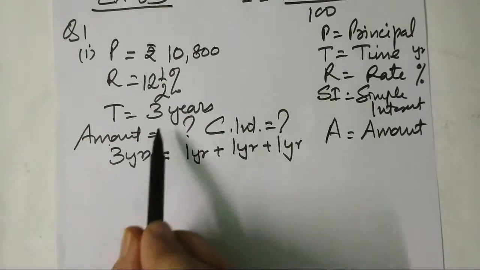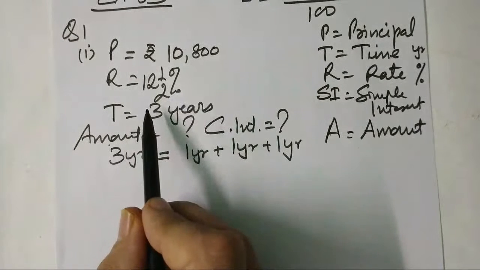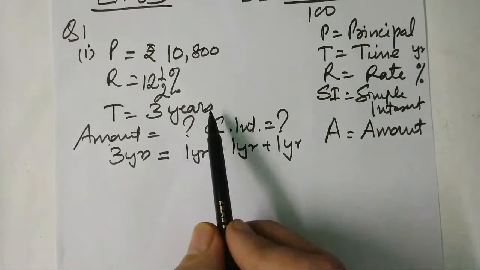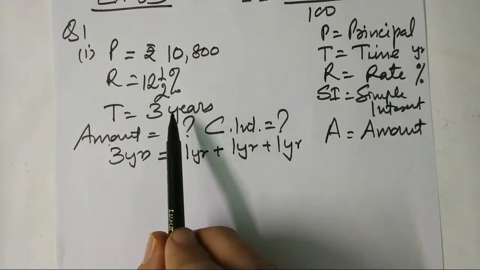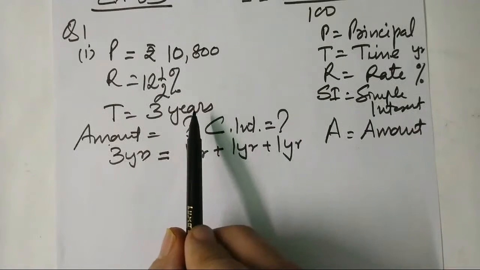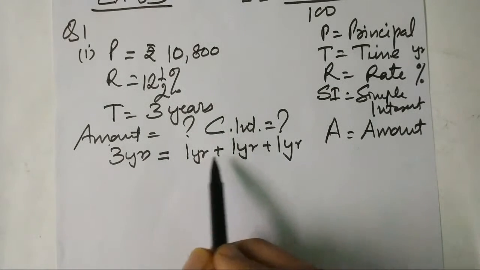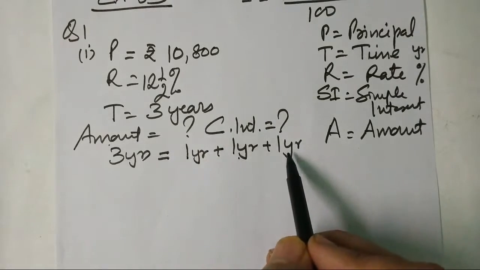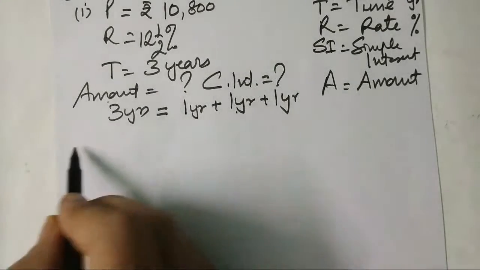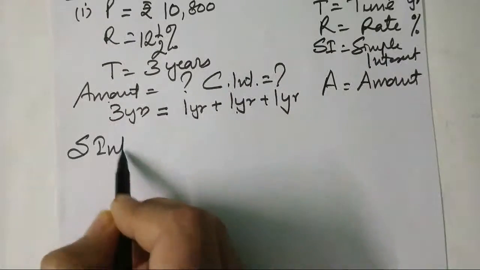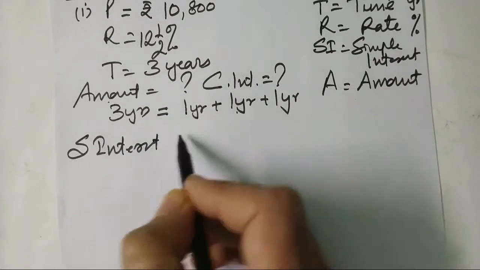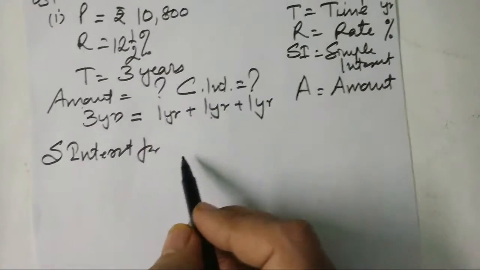So if you calculate for the whole 3 years, it will be called simple interest for 3 years. But we are calculating compound interest, so we will calculate interest for every year, first year, then second year and third year. So how it is done? We will calculate the simple interest for first year.